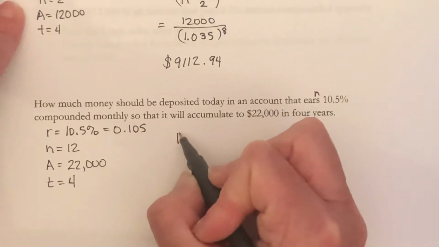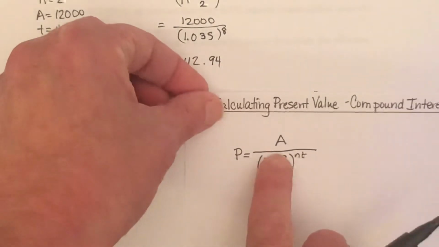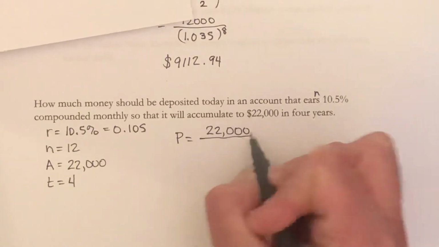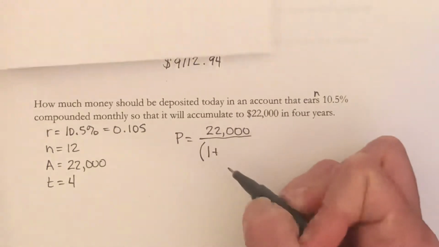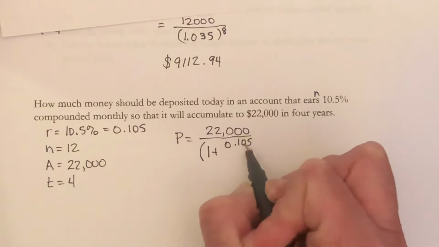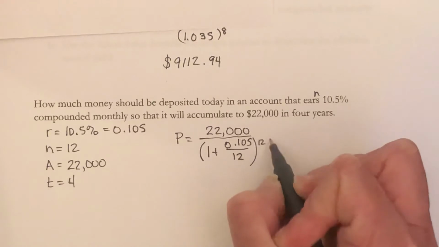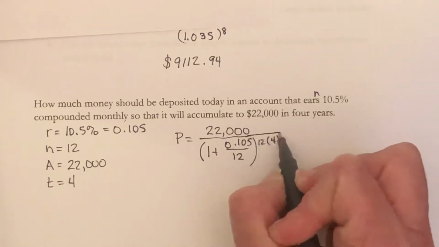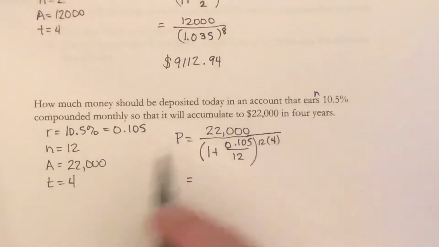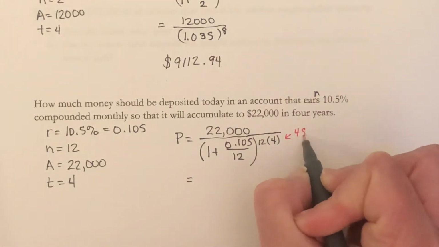So present value is the accumulated value over, so 22,000 over 1 plus R over N, so 0.105 over 12, raised to the N times T, 12 times 4. Extend that fraction bar just so that it's perfectly clear. And this is equal to, that's going to be 48.